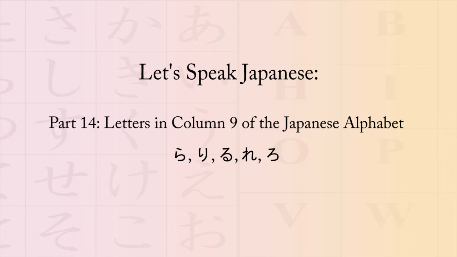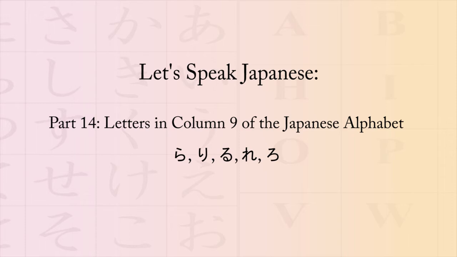A good example of that is the Japanese noodle ramen. Many English speakers will pronounce it ramen using R-A-M-E-N, but that is an improper pronunciation because it's using the R sound instead of the ra sound. And so the real pronunciation is ramen.